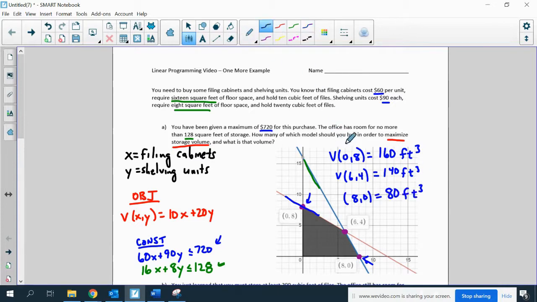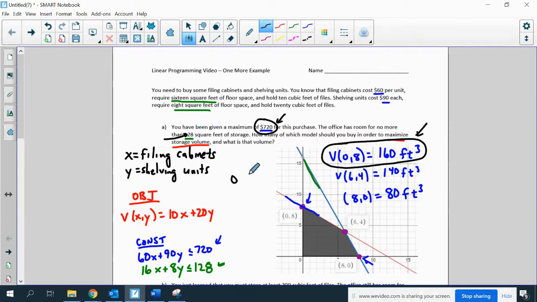So the thing that maximizes my storage volume is actually not buying any filing cabinets at all. It would use all 720 of my dollars, but I would get the most cubic feet of storage for the price that I was told I can have and the amount of square footage that I can have.